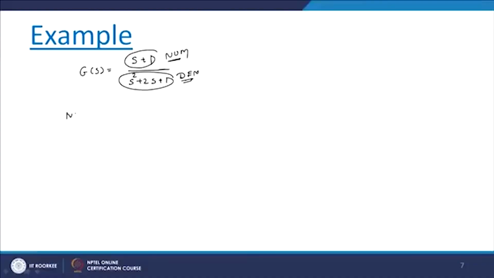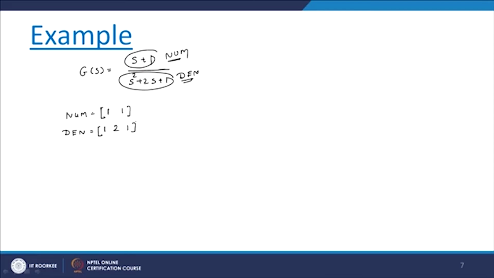So numerator we can write down in MATLAB as num, then this s indicates 1 and this 1. So this is numerator. Now about the denominator, den, that is equal to 1, 2, 1.